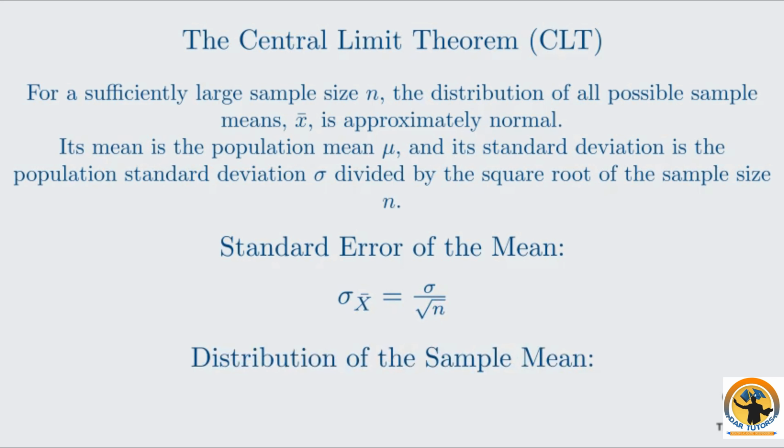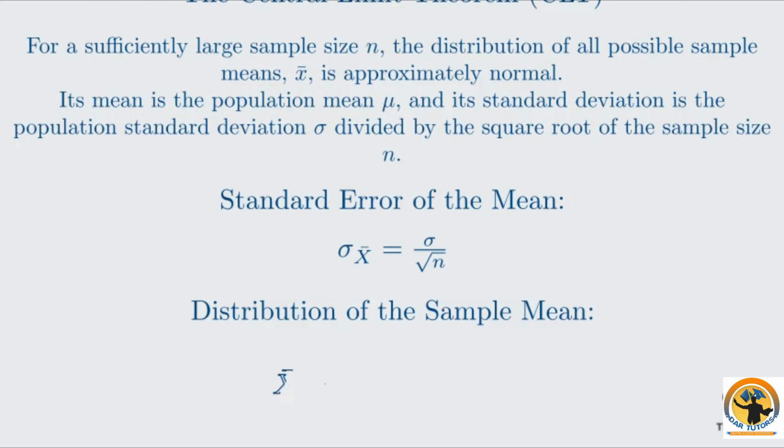So, the CLT tells us that the sample mean X bar follows a normal distribution with a mean of M and a standard deviation of sigma divided by root n. We write this as X bar is approximately normal with mean M and variance sigma squared over n.